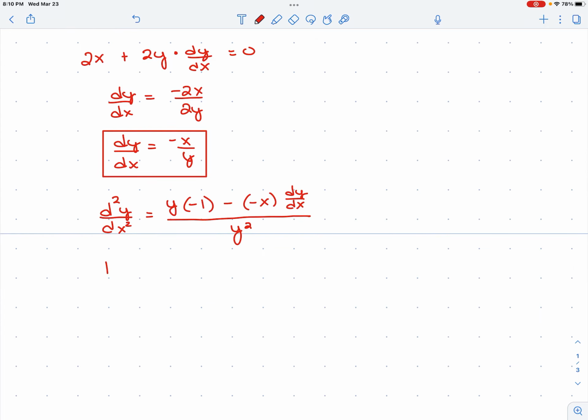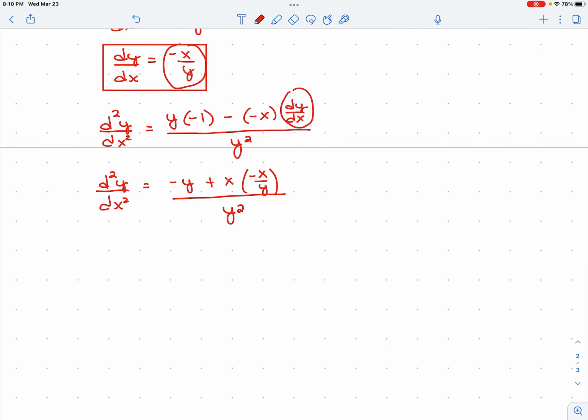And then we're just going to clean this up. So we get minus y plus x. And your dy/dx we've already solved for, so we're going to replace that. And then over y squared.